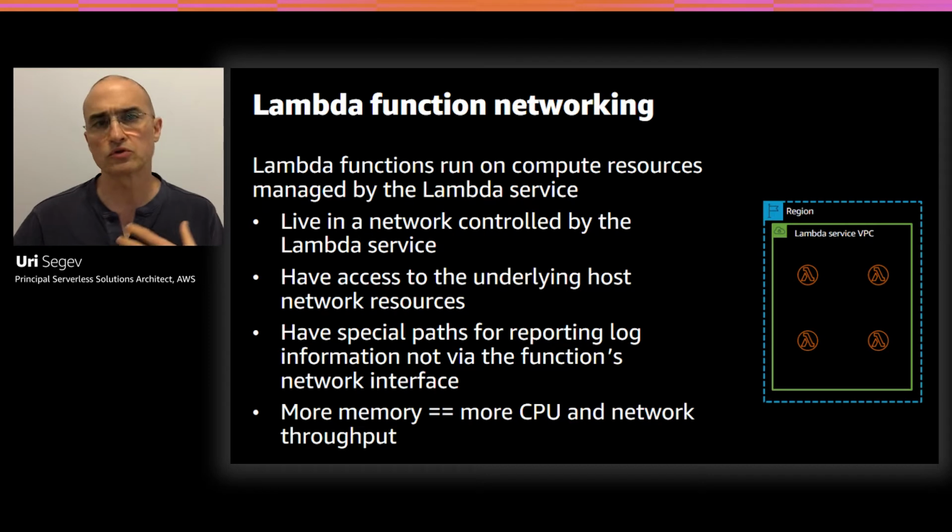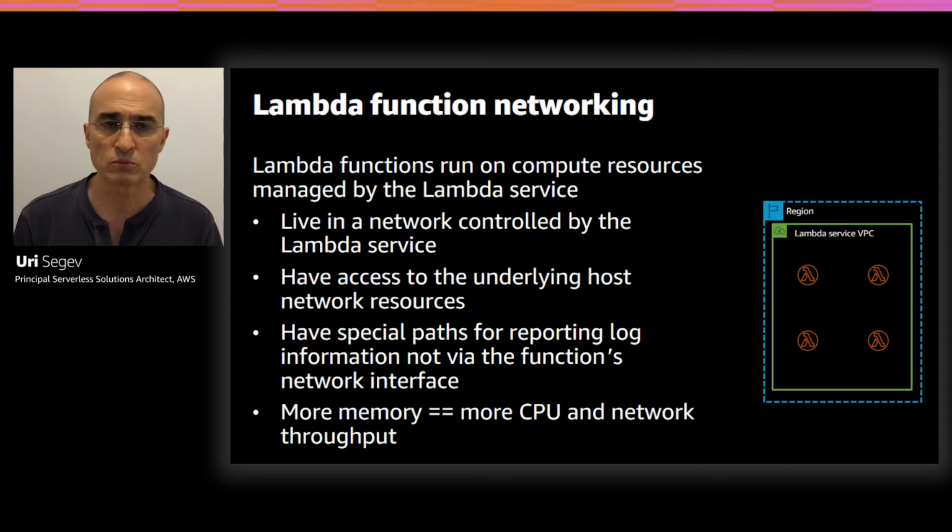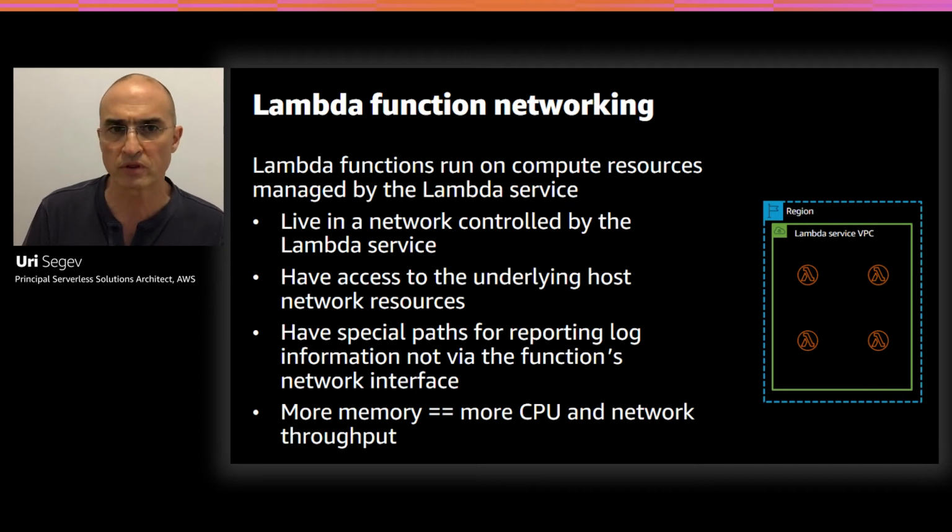They utilize the network to do all the things that we talked about before. And there's also a specific path that's used by Lambda to send the log messages to CloudWatch Logs. That's a different path from the one used by the application itself, by your code, by your business logic, when it needs to access the other services. Now, when you give your function more memory, it gets more CPU, and up to a point, it also gets some more access to network bandwidth.